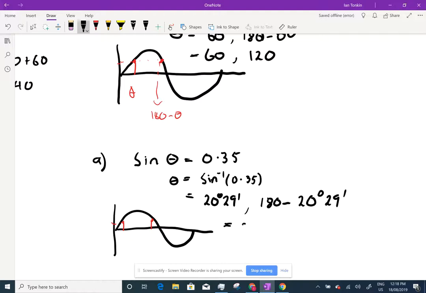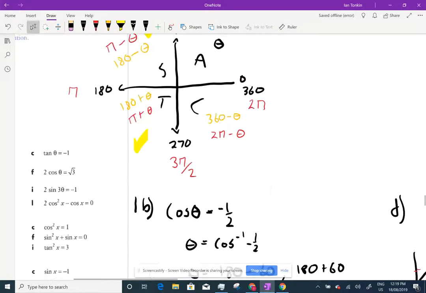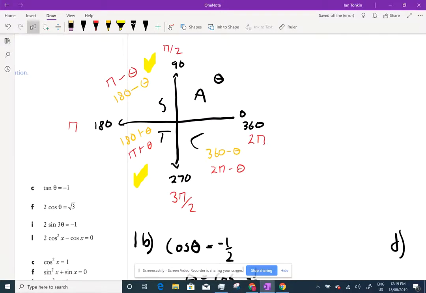So my two answers are 20 degrees 29 minutes, and 180 minus that, which is 159 degrees, 31 minutes. As soon as all you have to do is use the acute angle, find it, and then decide which quadrant it is in, and what am I going to use?